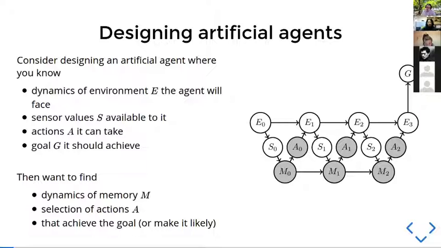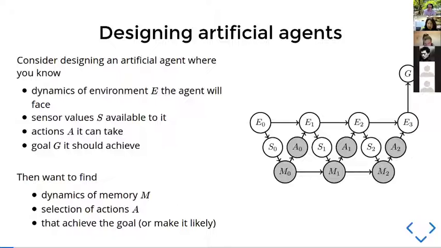At each time step, the environment produces a sensor value S, and the agent's memory can use this sensor value and then produce an action. This action influences the next environment state again.